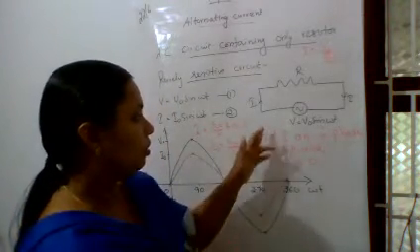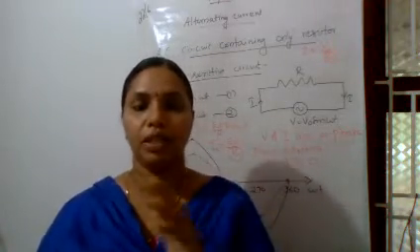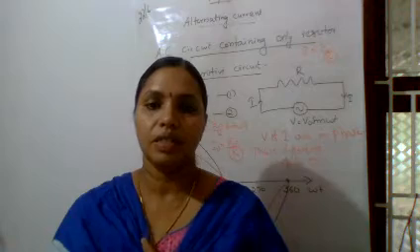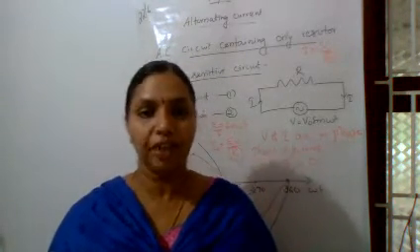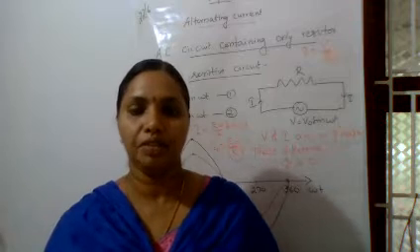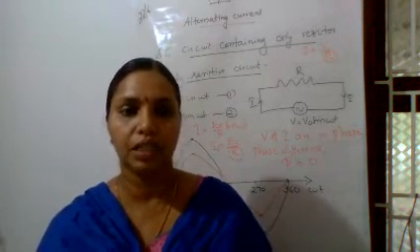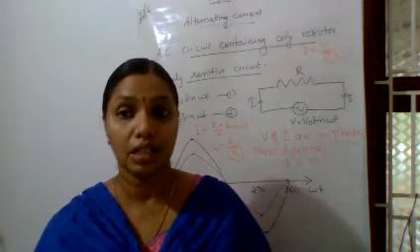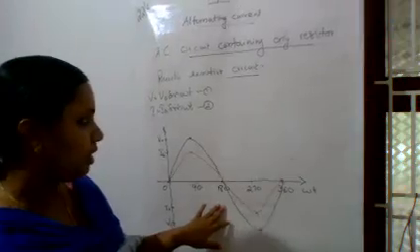So what is the conclusion? In a purely resistive circuit, very important, both the voltage and current are in phase, or there is no phase difference between the voltage and current, and the opposition offered by the circuit is known as the resistance. This is the graphical representation.